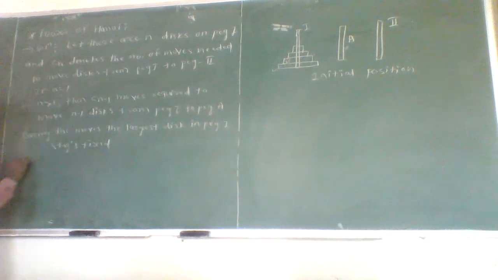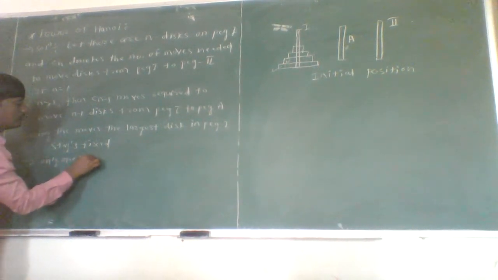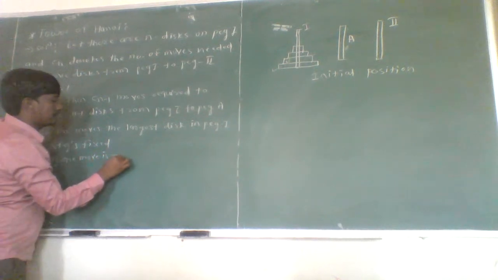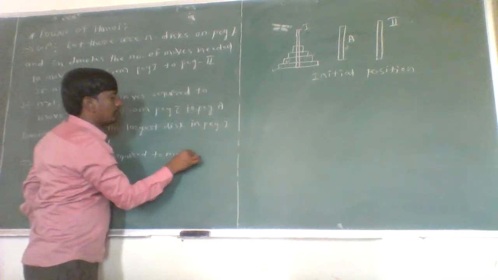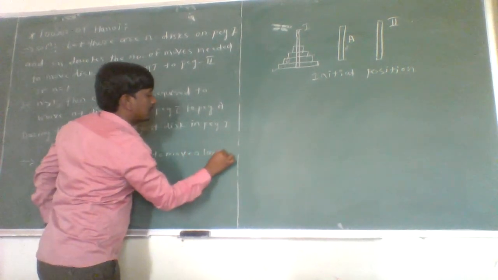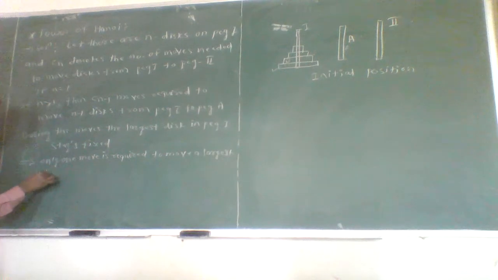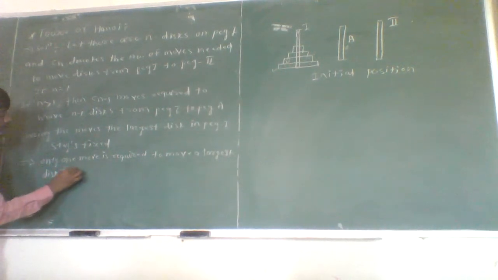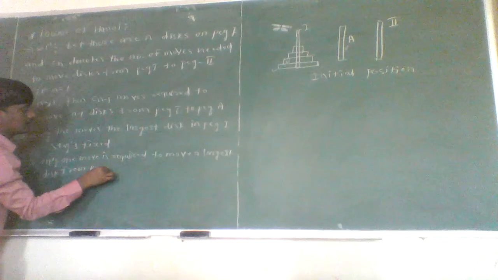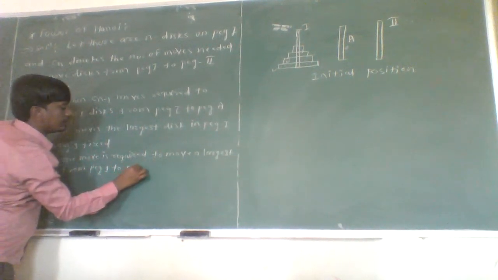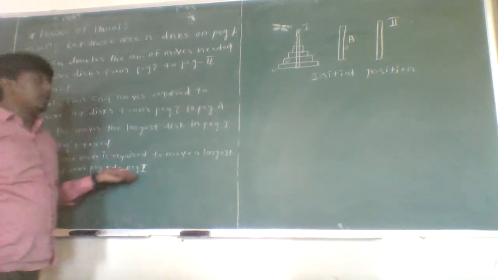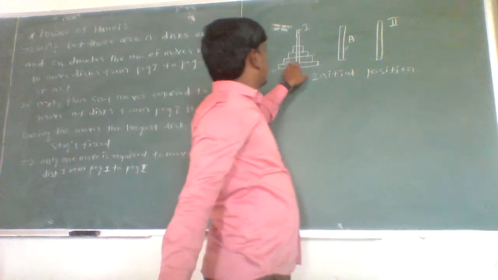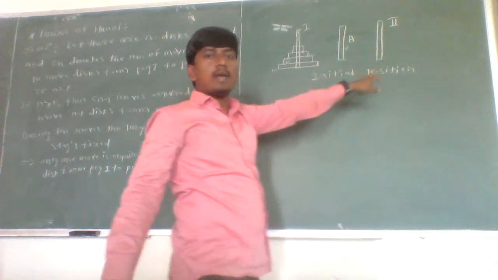So here only one move is required to move the largest disc from peg 1 to peg 2.